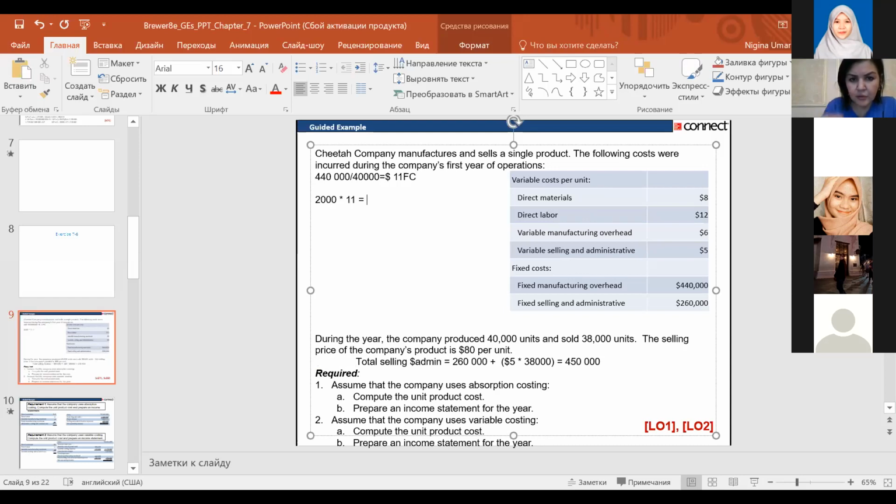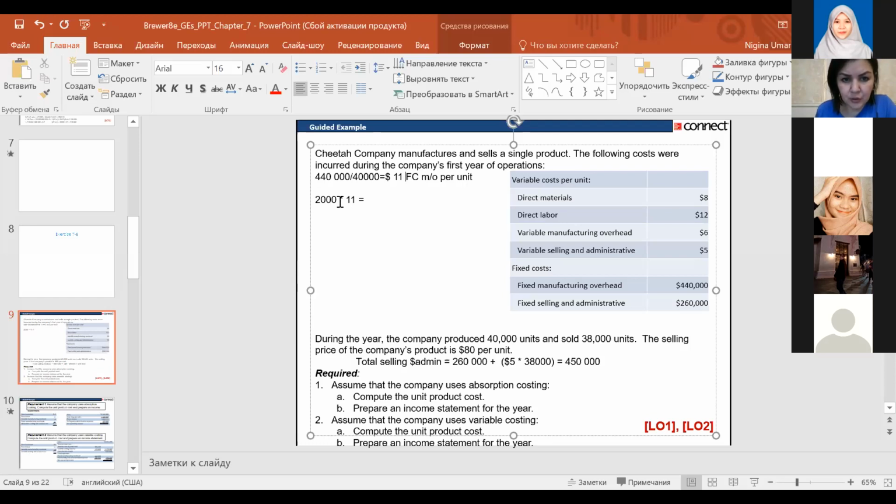right? So with this fixed manufacturing overhead per unit, 11. So this $11 resides in each of the 2,000 units.